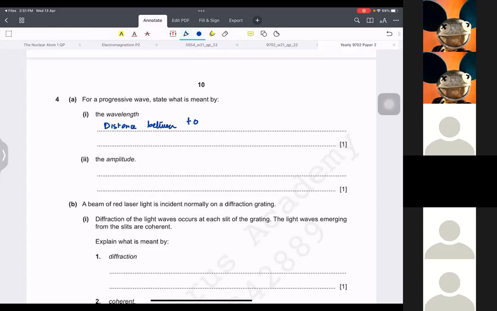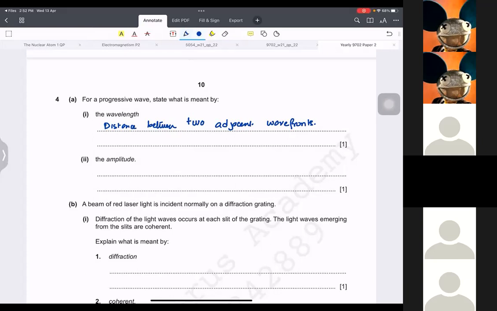You can also write the distance between two adjacent wavefronts, or the distance occupied by one complete oscillation, that would be good.